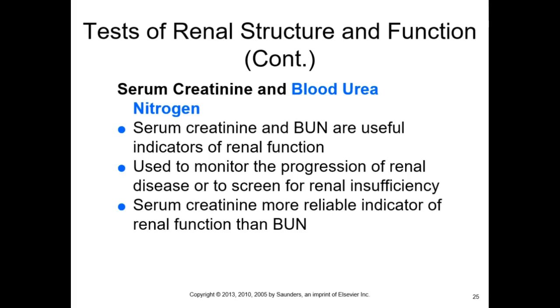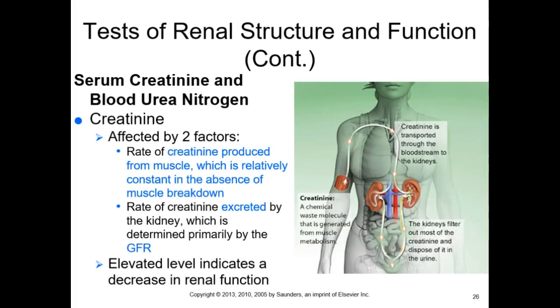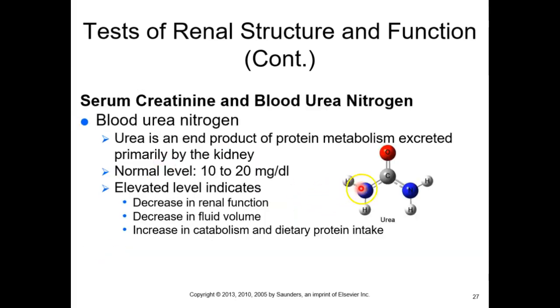So nitrogen is going to be found in the backbone of all of your amino acids, and when you have a lot of protein, you're going to break it down and you're going to pee out your nitrogenous wastes in the form of variations on urea and ammonia. That's what urea is. It's just a whole bunch of nitrogen, right? There's your nitrogen. That's a urea molecule, by the way, showing you that it is in fact a nitrogenous waste.